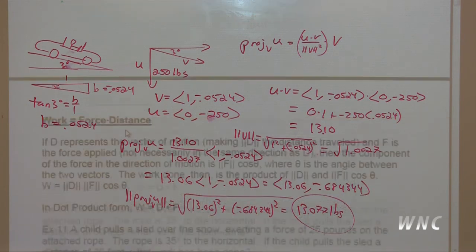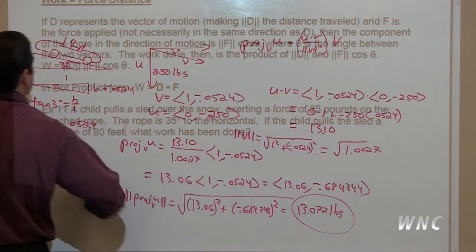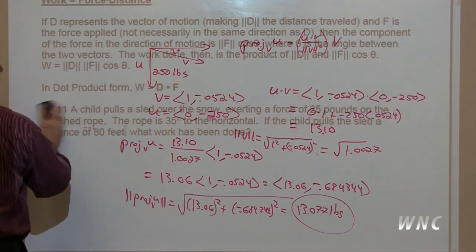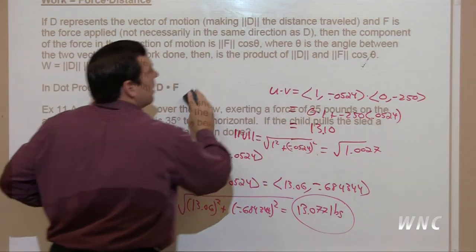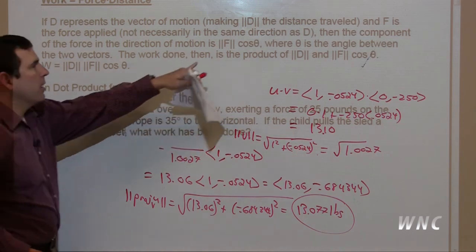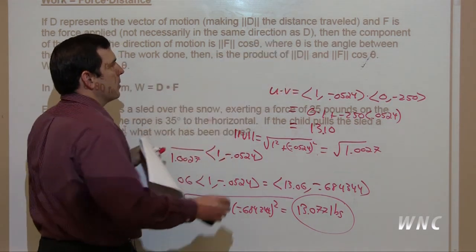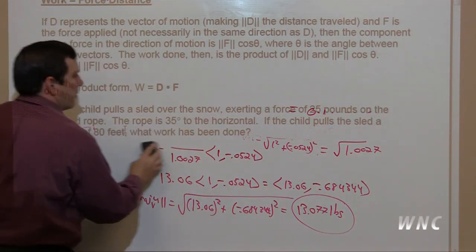Moving on here. The last concept is work. Work equals force times distance. So if d represents the vector of motion, making the magnitude of d the distance traveled, and F is the force applied, not necessarily in the same direction as d, then the component of force in the direction of motion is magnitude of force times cosine theta, where theta is the angle between the two vectors.